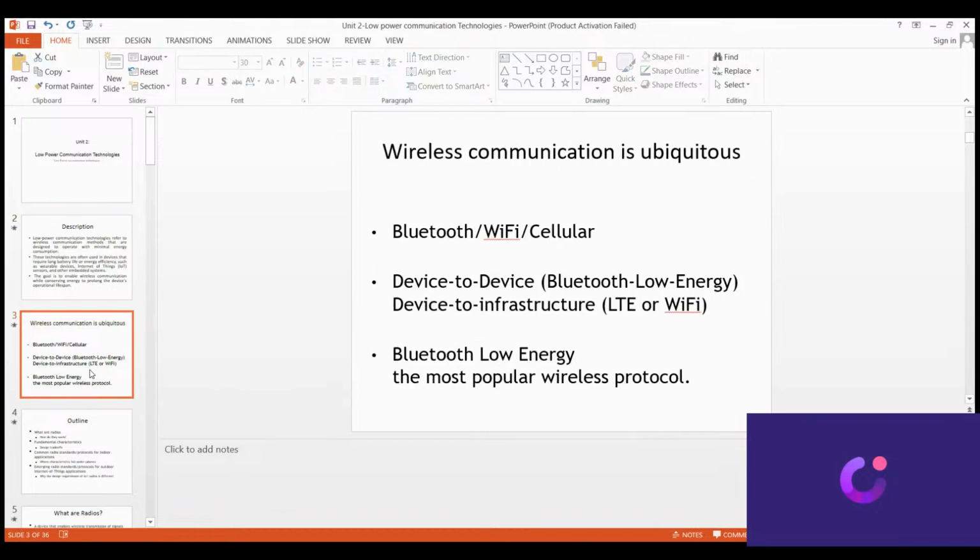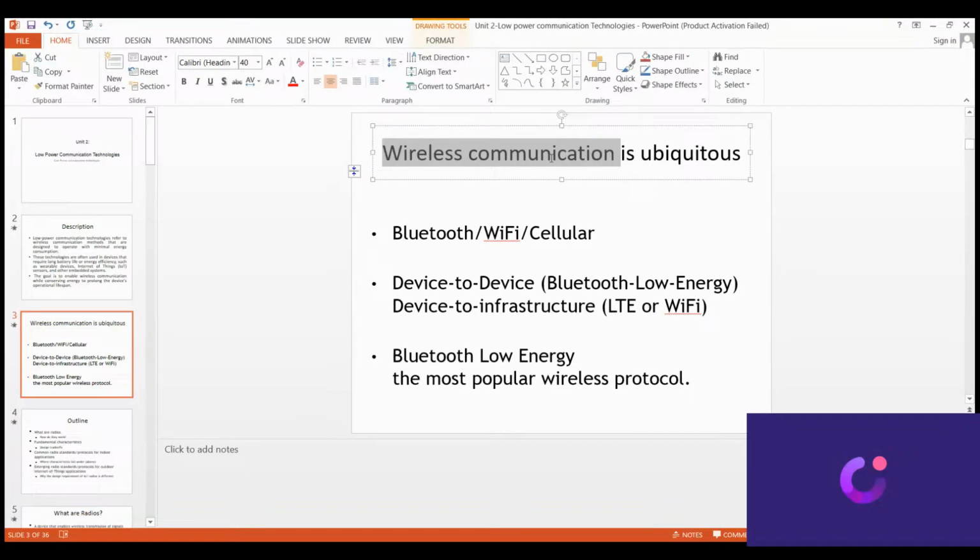Okay, so wireless communication is ubiquitous. When we say it's ubiquitous, what do we mean?